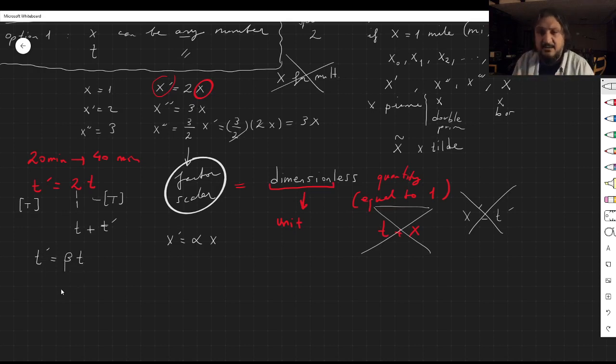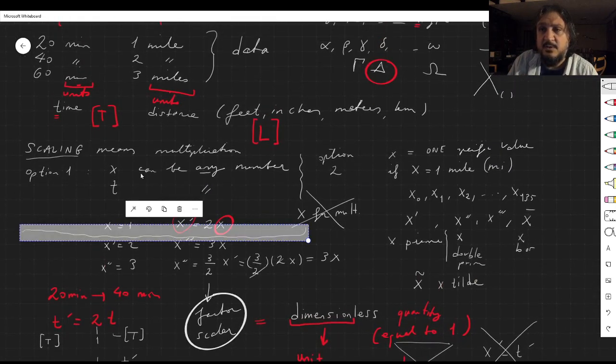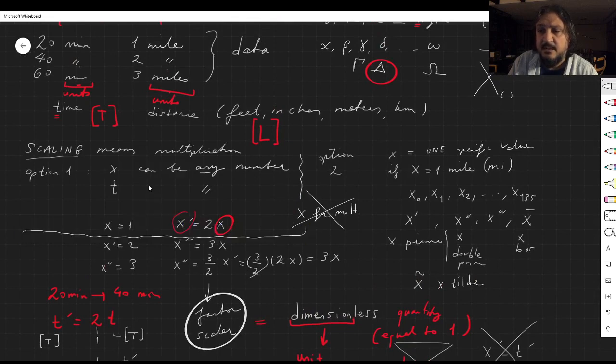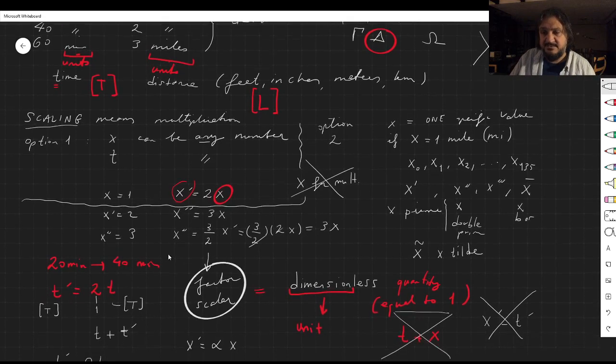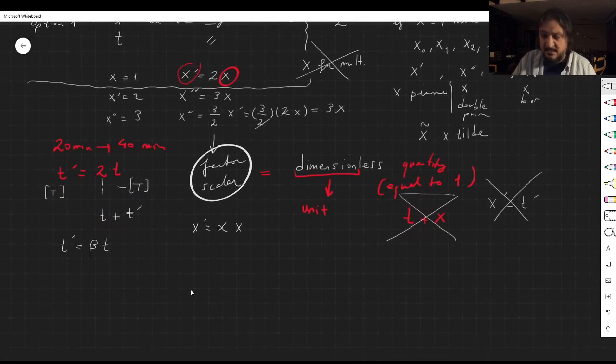Now you may say, hang on, in my table I have these numbers here, 1, 2, 3, and 20, 40, 60. So to go from 1 to 2, I multiply by 2. To go from 20 to 40, I also multiply by 2. So alpha and beta are the same in this case.